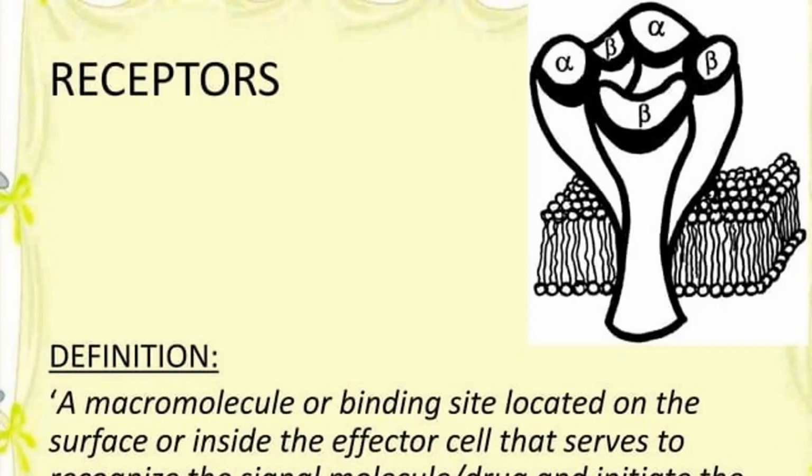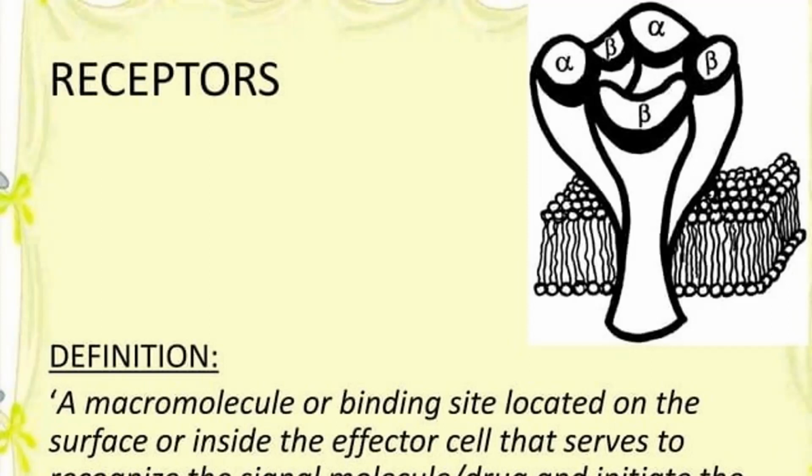if we define the receptor, a receptor is defined as a macromolecule or binding site located on the surface of or inside the effector cells that serves to recognize the signal molecules and initiate the response to it, but itself has no other functions. Okay.